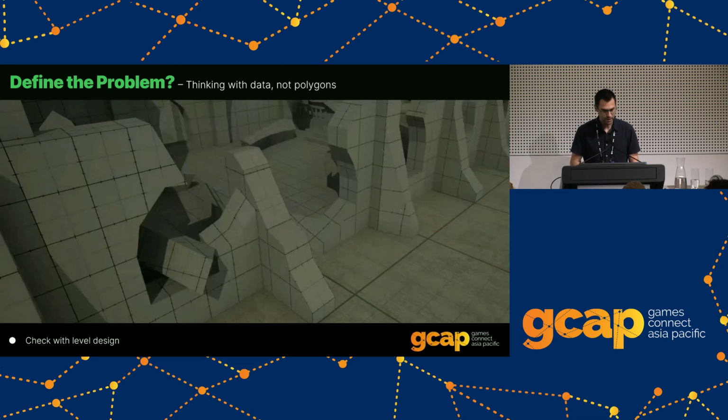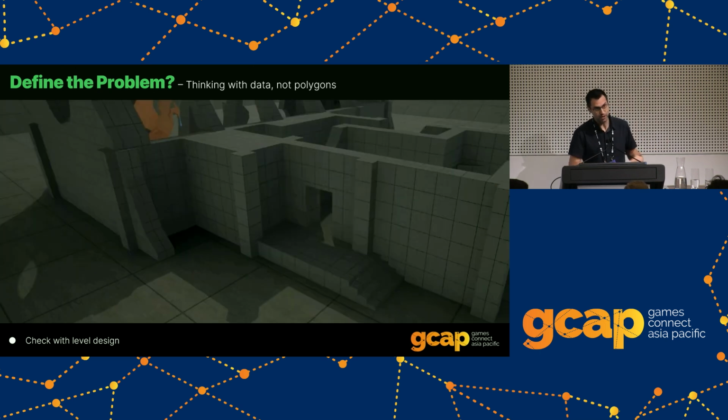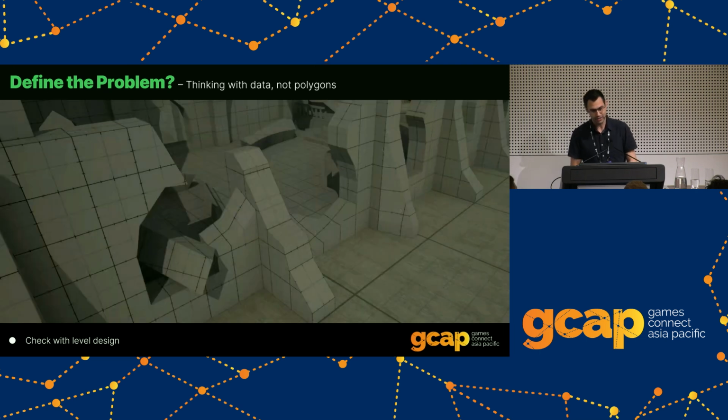So you can see over here, it's not only art direction and how do we build it, but it's also about working with design, because at the end of the day, it's about the game. We're making the game first. As we go, we need to check with design for collisions, sight lines, spatial updates.